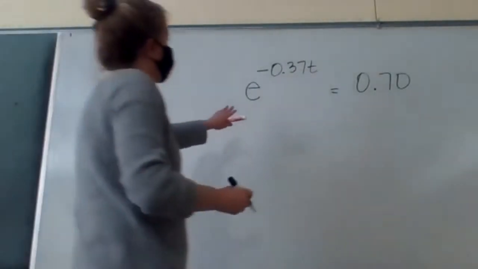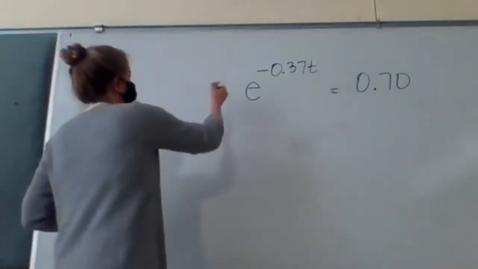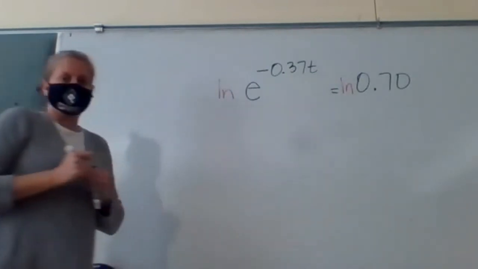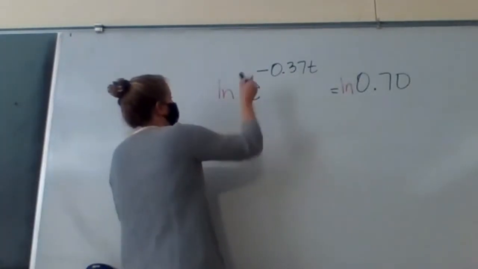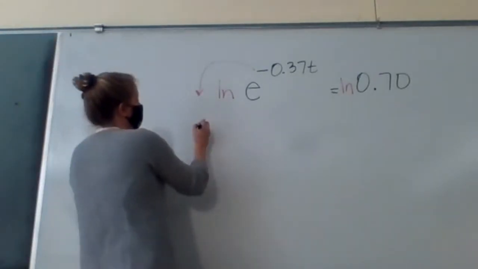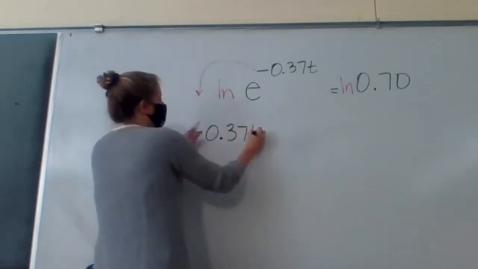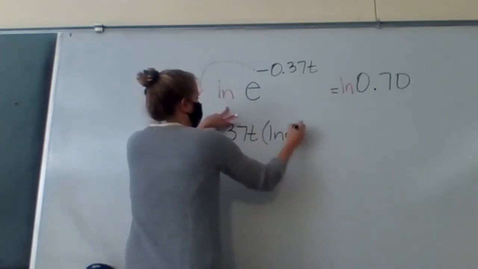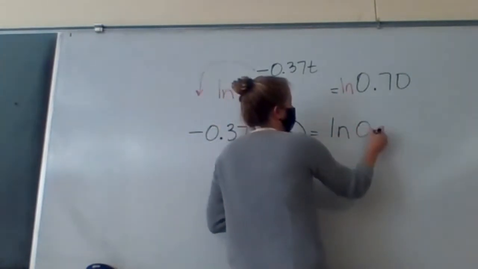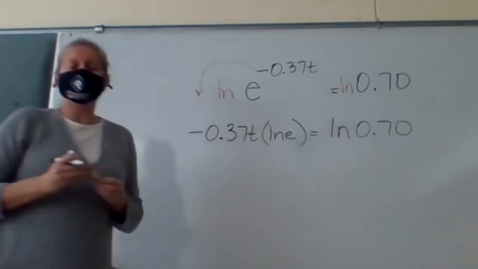If I'm dealing with an e, instead of logging both sides, I'm going to ln both sides. So when I ln both sides, now I can bring this exponent down in front. So I've got negative 0.37t times ln e equals ln of 0.70.